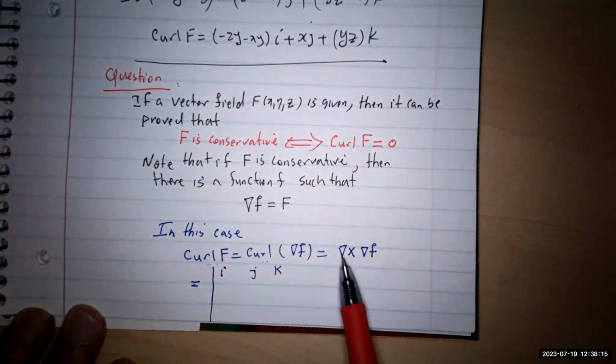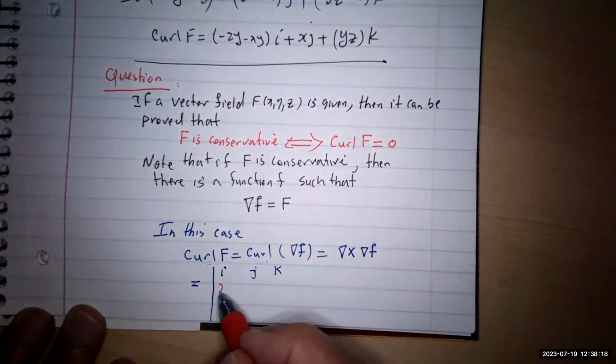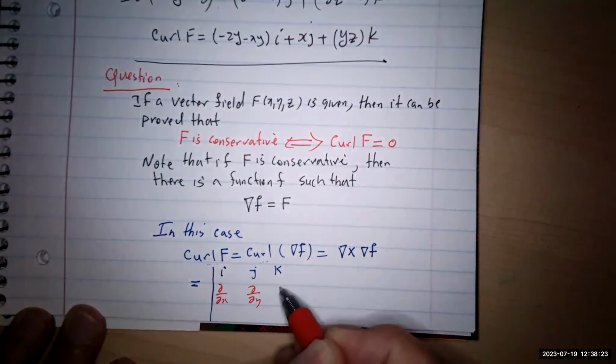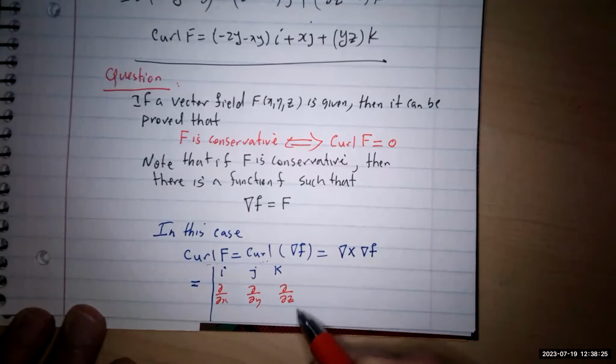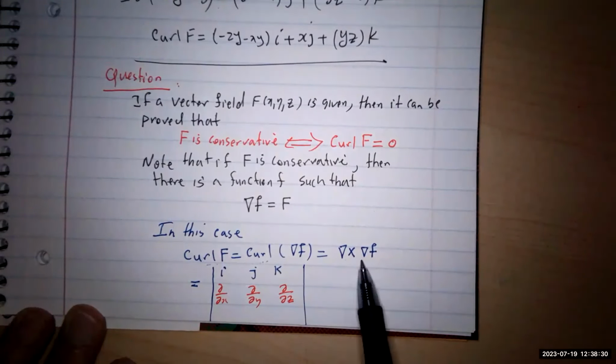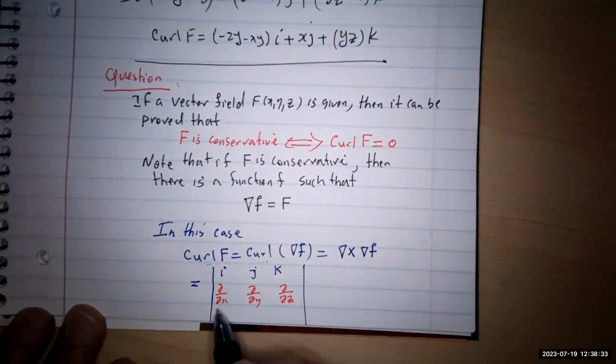The first row is the del vector, so it's just partial with respect to x, partial with respect to y, partial with respect to z. The second row is the gradient of f, which is f sub x, f sub y, f sub z. If you find this determinant, that gives you 0 right away. I'll just show you one of them.